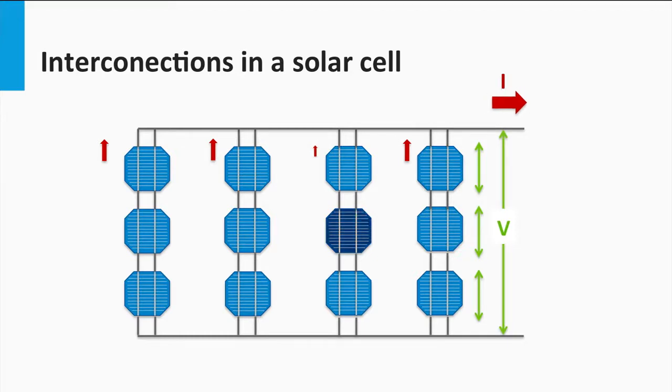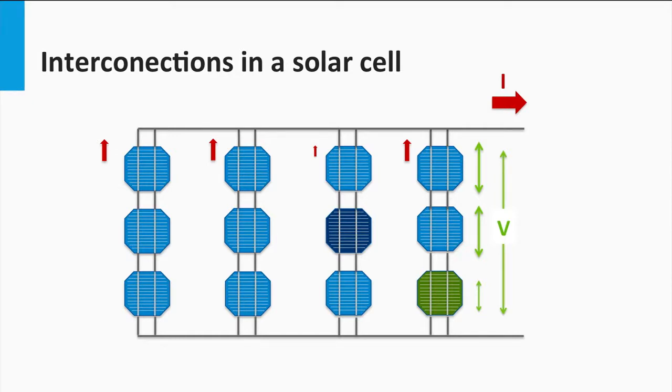For instance, of the M times N cells interconnected, the cell with the lowest current in the M cells in series dictates the module current. Similarly, the cell with the lowest voltage in the N cells in parallel dictates the module voltage. This can be attributed to the non-homogeneity of the cells in mass production.